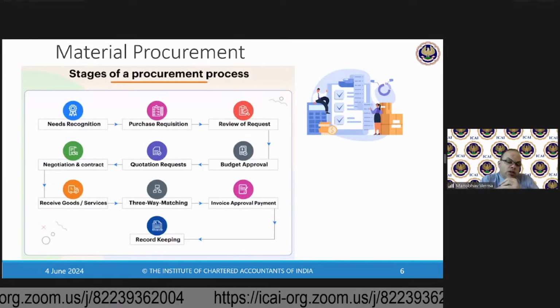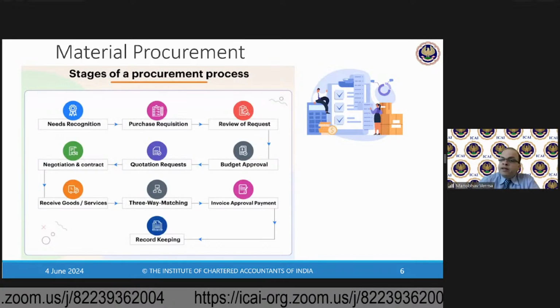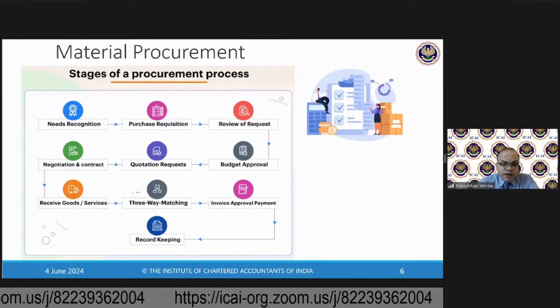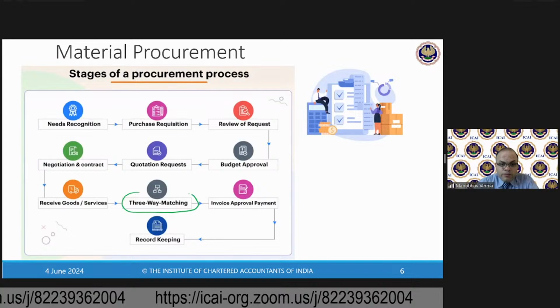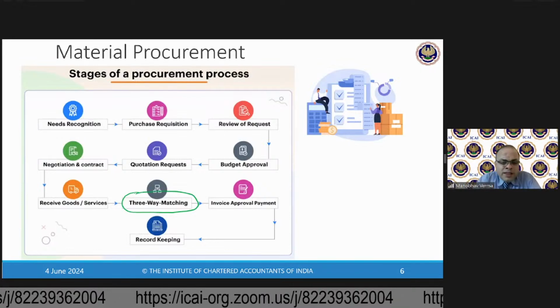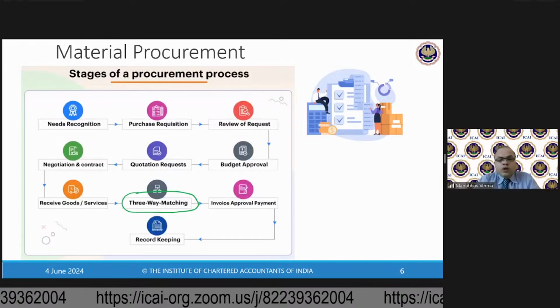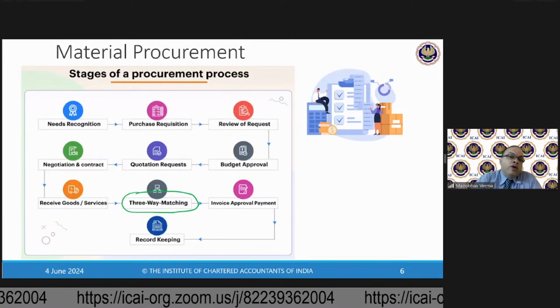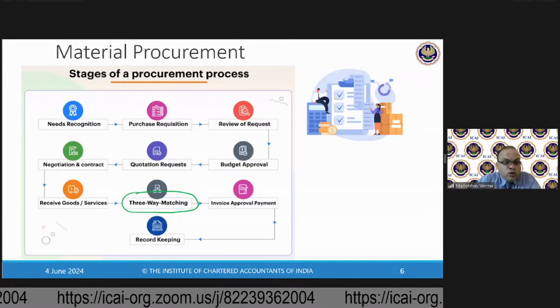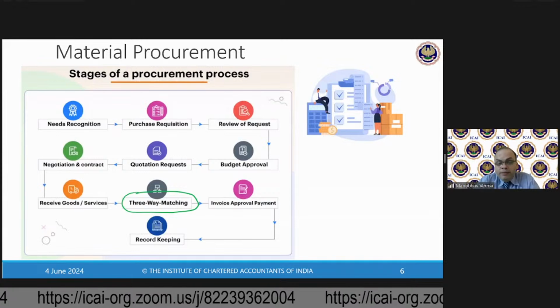Once you receive those goods, there is a very interesting term here called three-way match. I will be talking about this one as well very soon. What does this three-way matching mean here? And then of course it goes into the accounting side of things, where you are recording the vendor invoice and also making sure the payment is made on a timely basis.